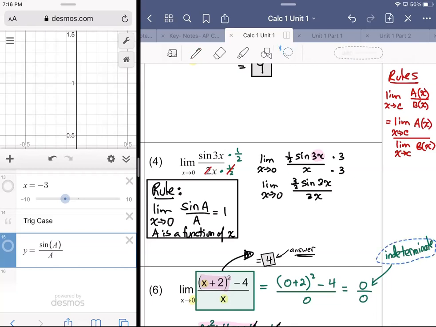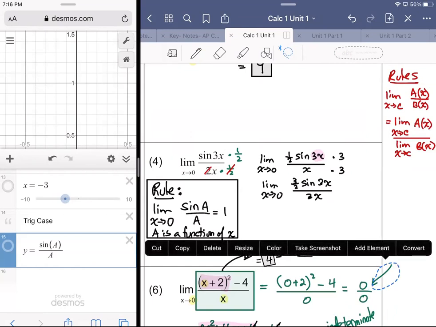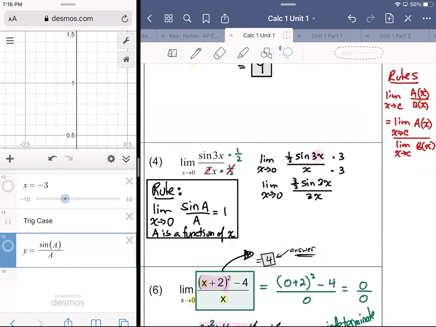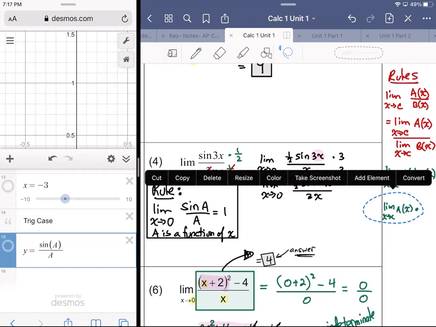get my indeterminate stuff out of here. would involve multiplication. So the limit as x approaches c of a of x times b of x, that's going to be the product of the two limits.